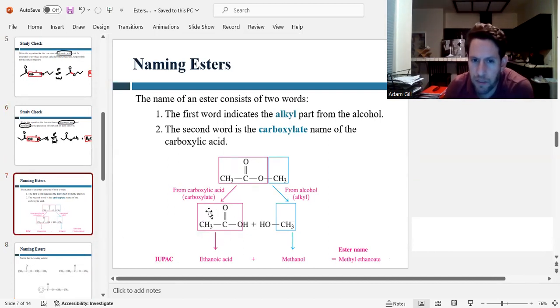So if this was the carboxylic acid and this was the alcohol, we're going to name the carboxylate portion. And so there's 2 carbons here, so this would be ethanoic acid, but the carboxylate would be ethanoate. Now, on the alcohol, the carbon chain is just 1 carbon, so that's a methyl group. And so the name of the ester formed from these 2 will be methyl ethanoate.